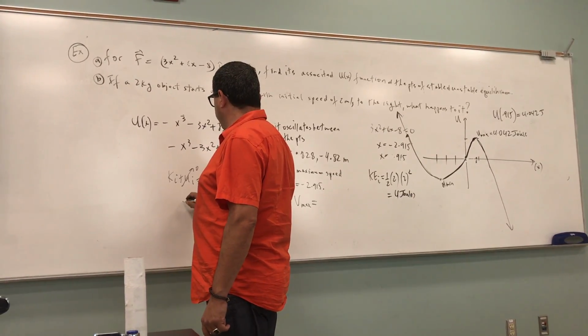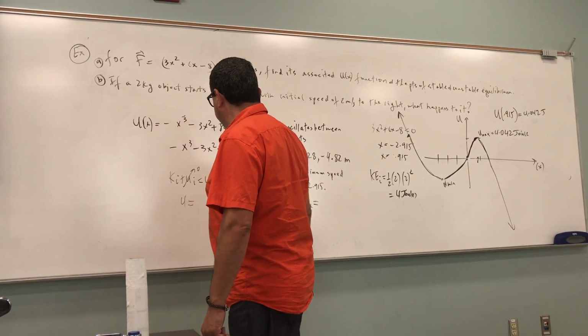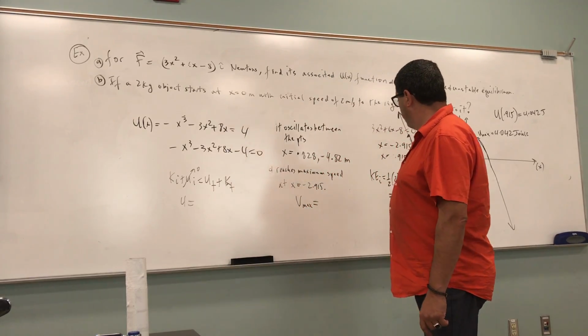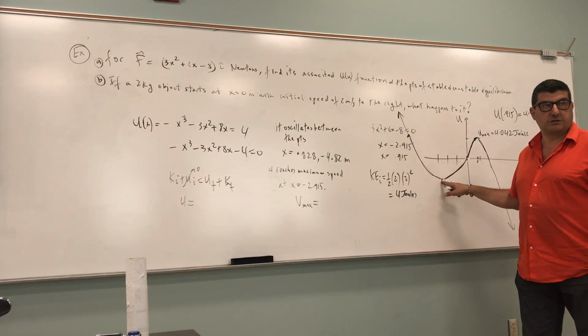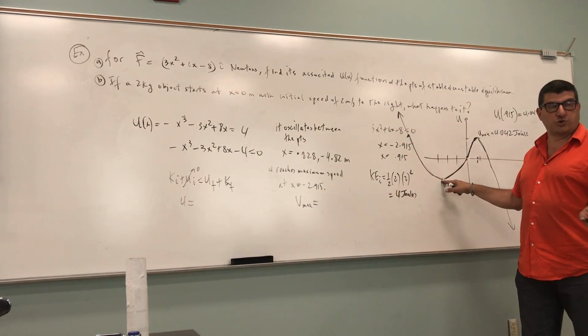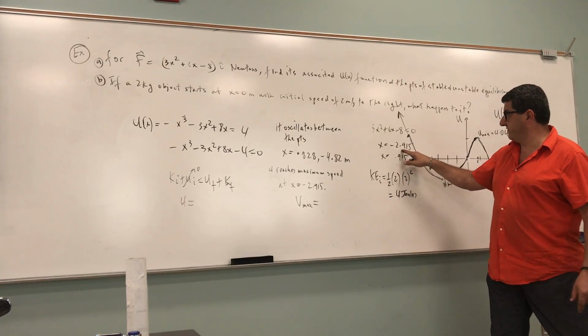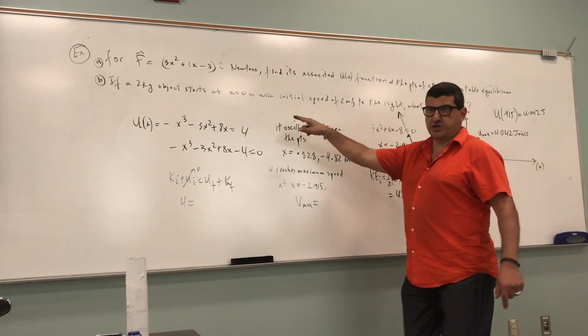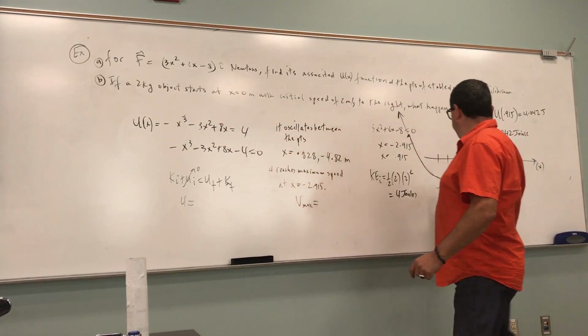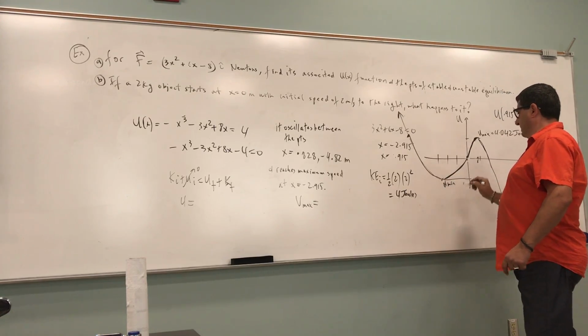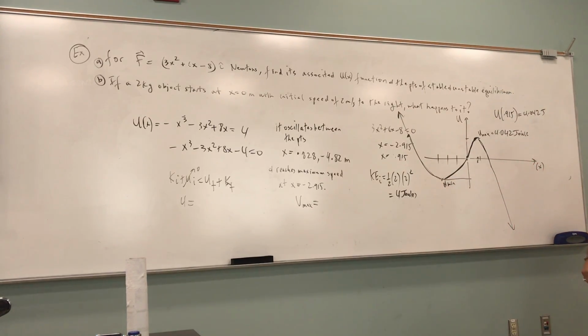The initial potential was 0. You gave it 4 joules of kinetic energy. What's the final potential? So you take the negative 0.2915, put it back into that function, and find the potential energy that it has here, right? So find that out.